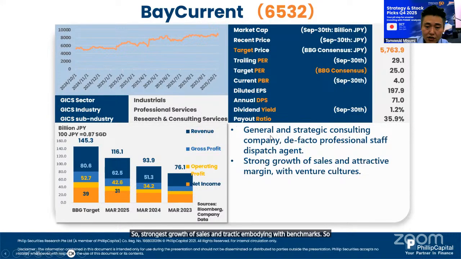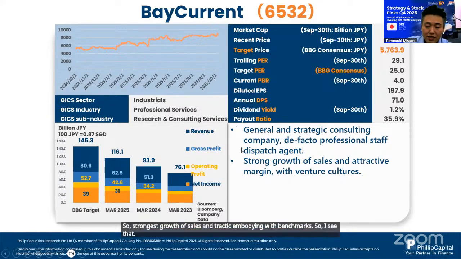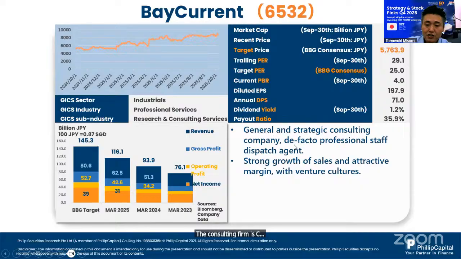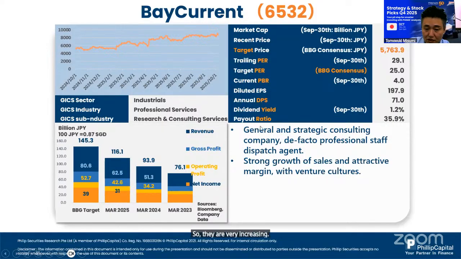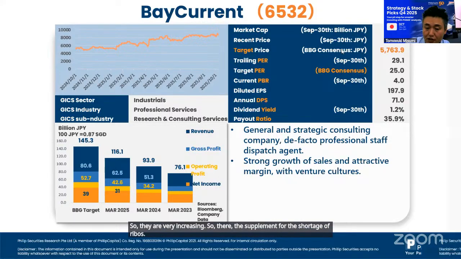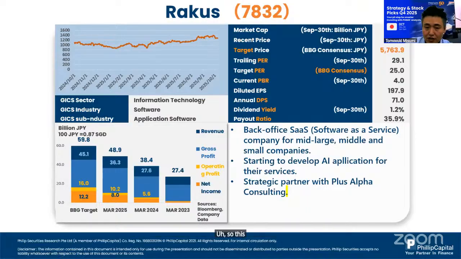I see the consulting firm like Accenture, as a staffing company dispatching some professionals. So they are very increasing. They supplement the shortage of laborers. So this is focused on the labor market.